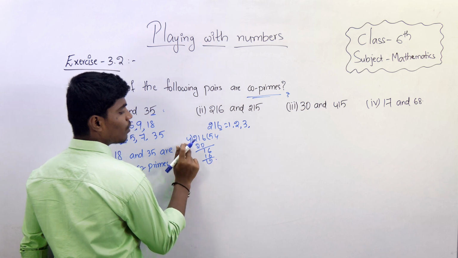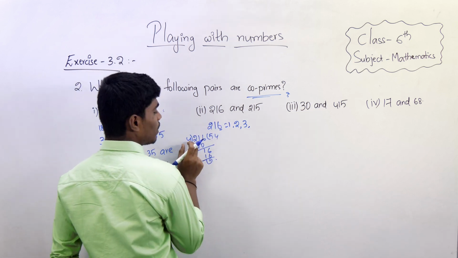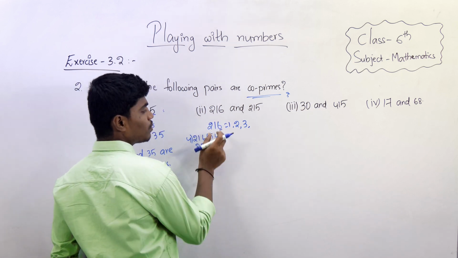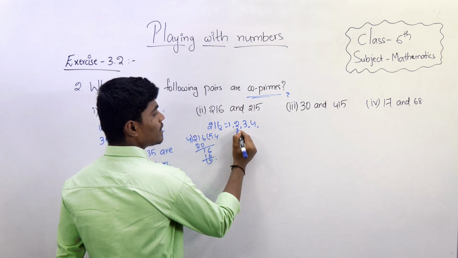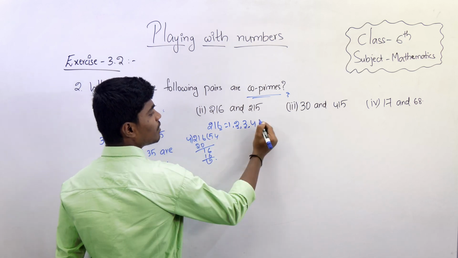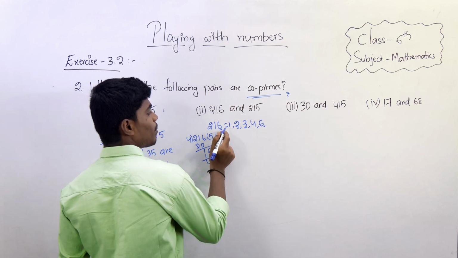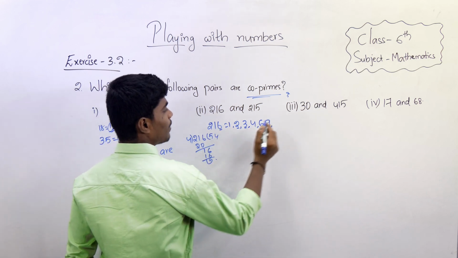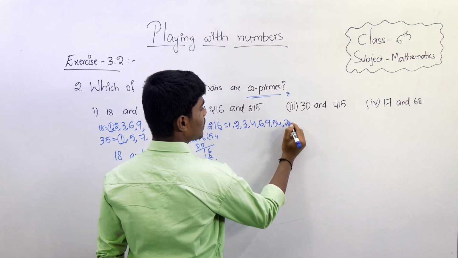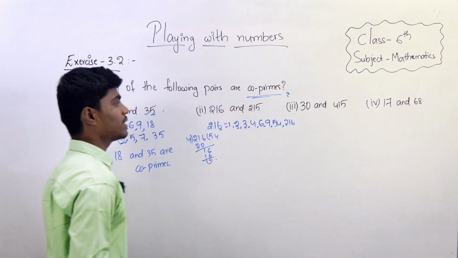See, 16 is also divisible by 4, so 216 is also divisible by 4, so 4. Next, it is divisible by 2 and 3, so it is divisible by 6. Here the sum of the digits is 9, so it is also divisible by 9, and 54 and 216. These are the factors of 216.